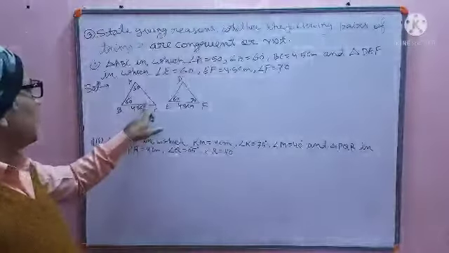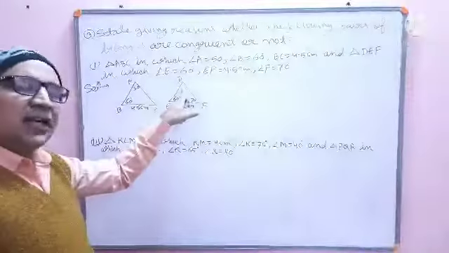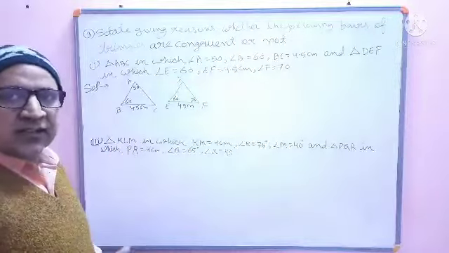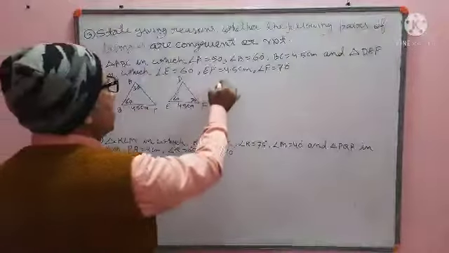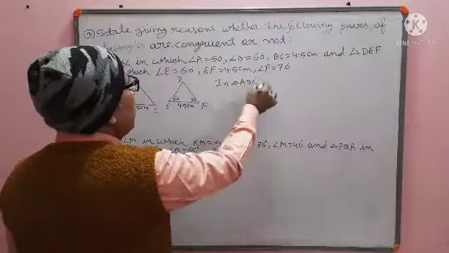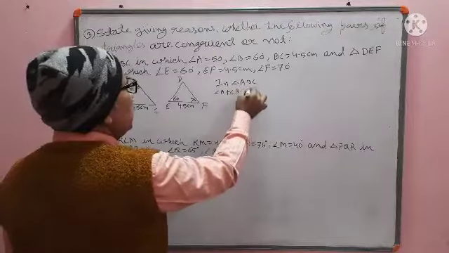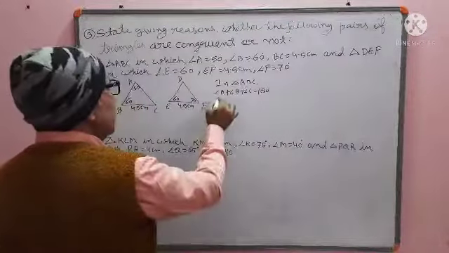So first, suppose I am finding angle C. You can find angle D also. Both ways we can check whether these are congruent or not. But here I am finding angle C. So how will you write? In triangle ABC, angle A plus angle B plus angle C is equal to 180 degrees.